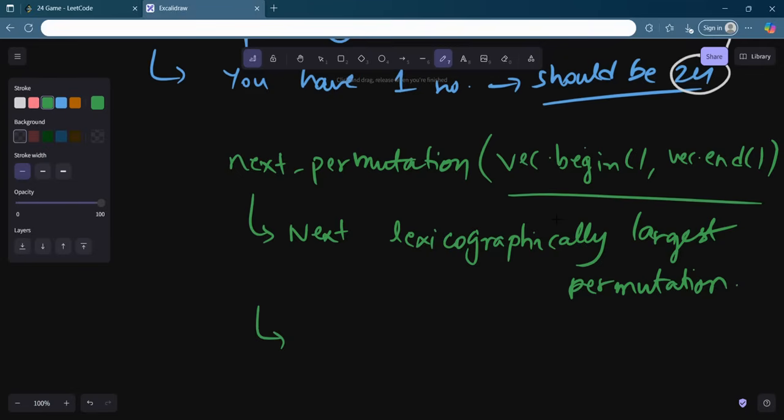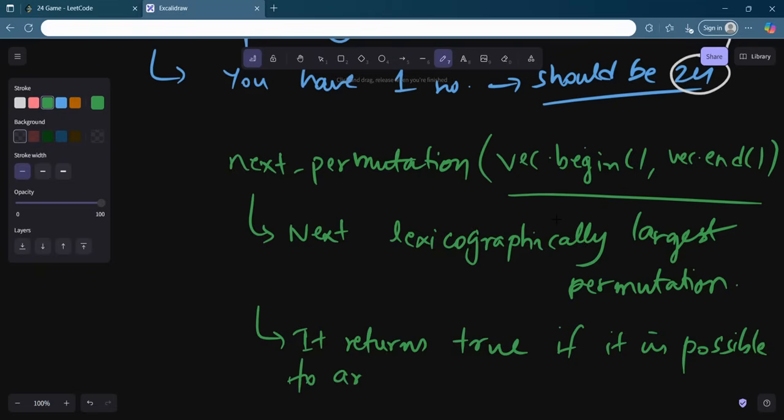It returns true if it is possible to arrange, otherwise false. You might wonder in which case it will give false.